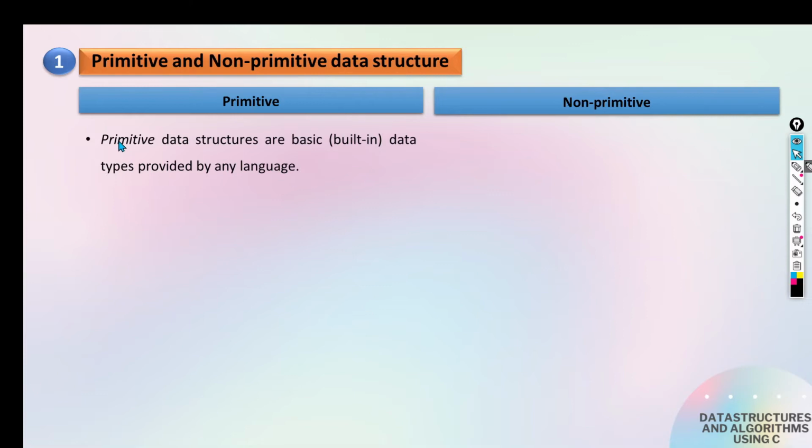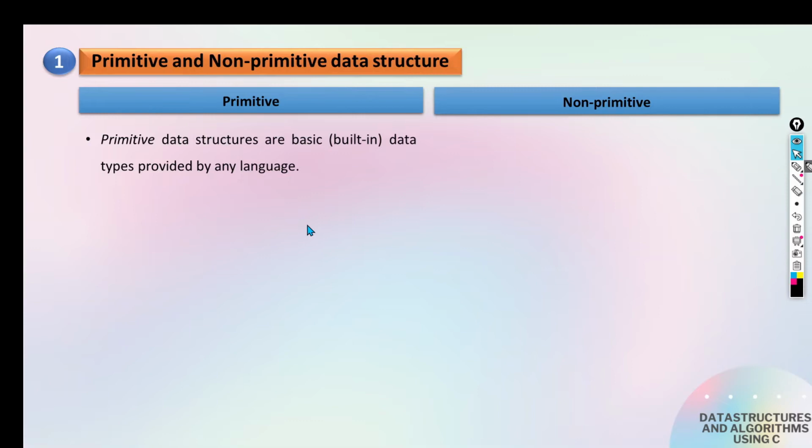So when the data structures are coming inbuilt, that is the language designer has decided it, then we call them primitive. So primitive data structures are built-in data types provided by any language.